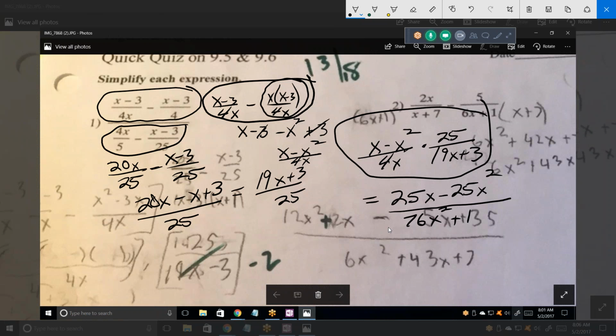You're forgetting the x. It was 76x squared, because it's 4x times 19x, plus 4x times 3. Now, I can simplify this. You can multiply the bottom one to the top, I guess. No, we're done except for simplification.